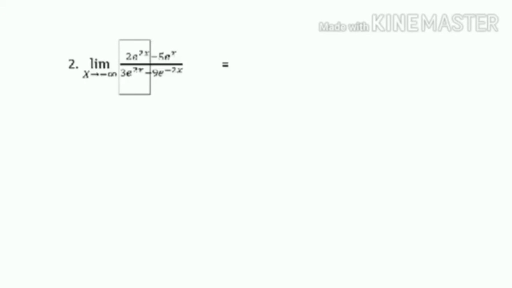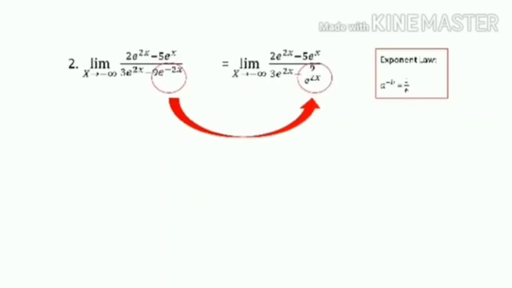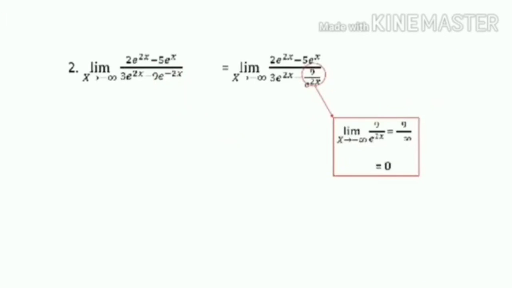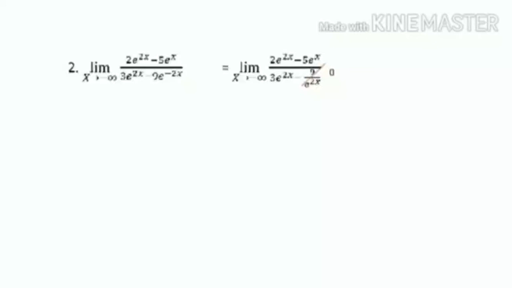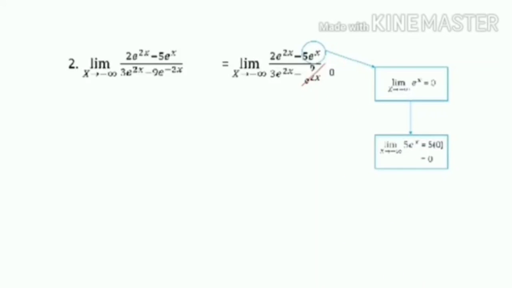Okay, let's ignore this first. So, we will have 9e to the negative 2x. This e to the negative 2x we just bring down to the denominator. Notice that this whole thing is going to go toward 0 as well. Constant over infinity is 0. Besides, there's the limit as x approaches negative infinity of e to the x.